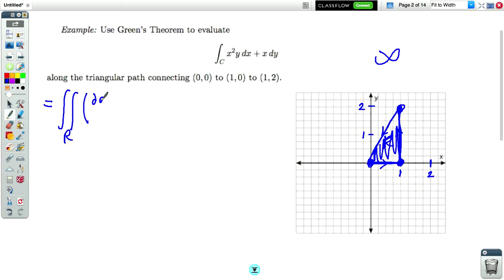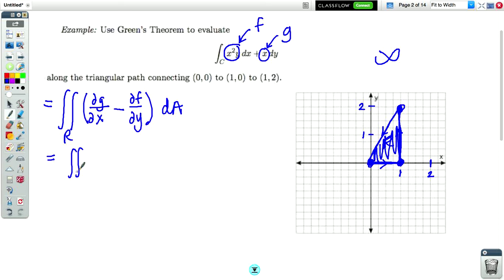I'm going to call it g, even though I haven't written that yet. The partial of that with respect to x minus the partial of the first function with respect to y. Now, when I'm saying this, I'm using this guy as my function f, and then this is my function g. So this is equivalent to integrating over this region.